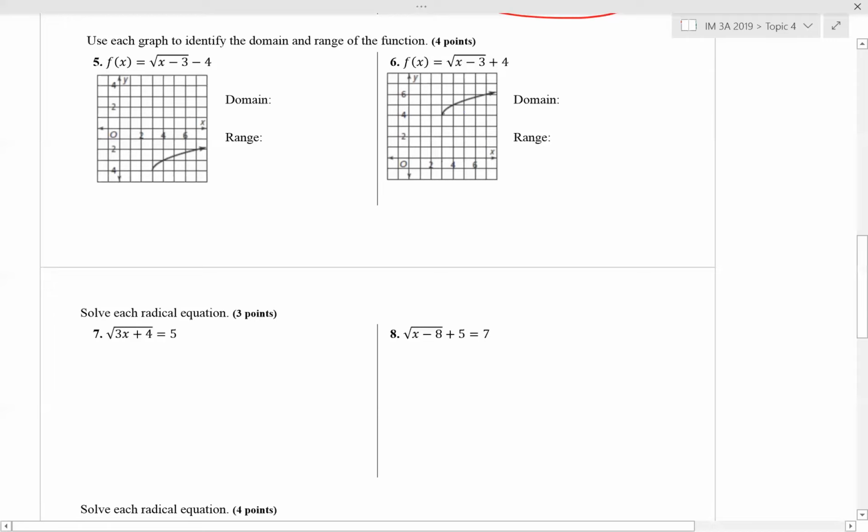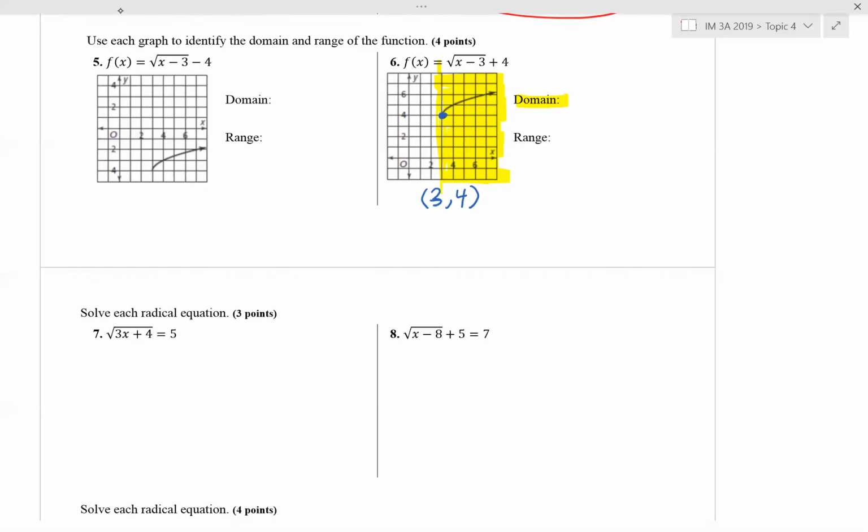So what I'm looking at here is that my graph starts at the point 3, 4. And so that point is actually going to be a piece of the domain and the range. So because it's a square root, remember that this graph only covers these x values, because I cannot take the square root of a negative and get a real answer.